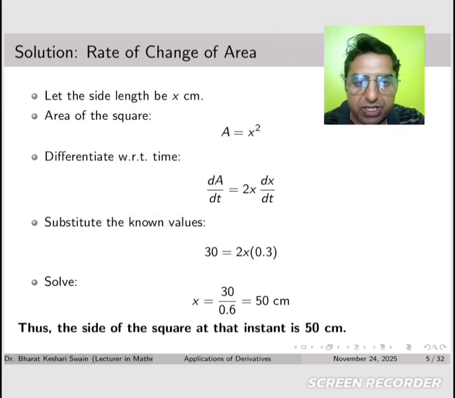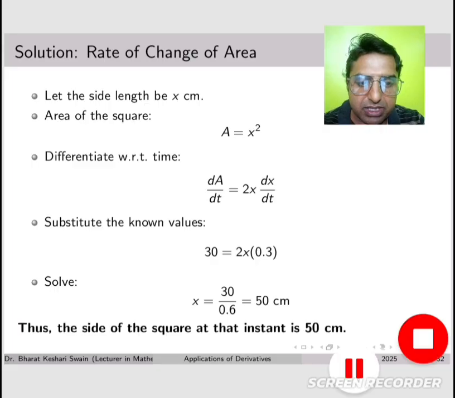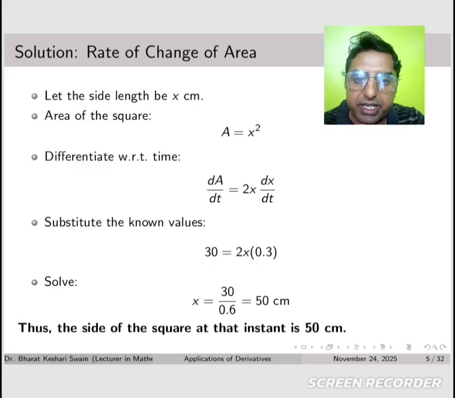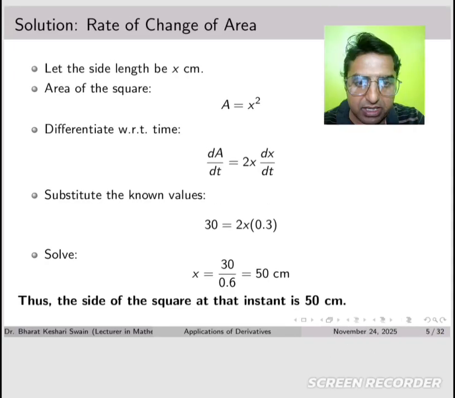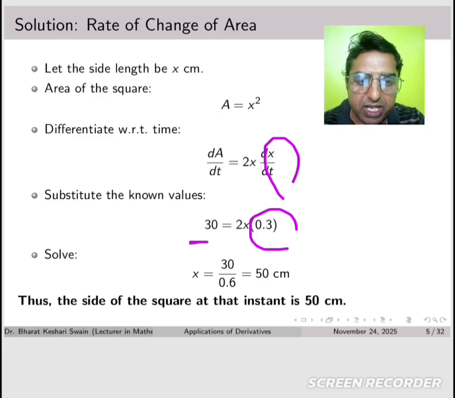Now substitute the known values: dA by dt, the rate of change of area, is given as 30 centimeter square per second, and dx by dt is also given in the question, that is 0.3 centimeter per second. And therefore if we solve for x, it will be 30 divided by 2 into 0.3, that is 0.6.